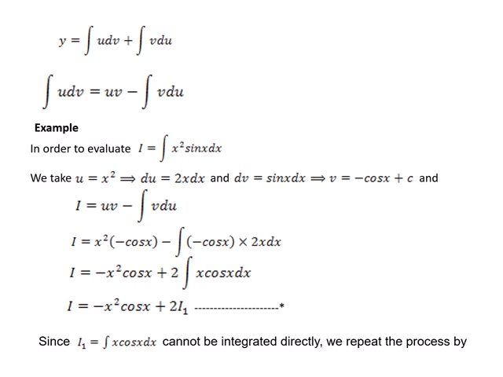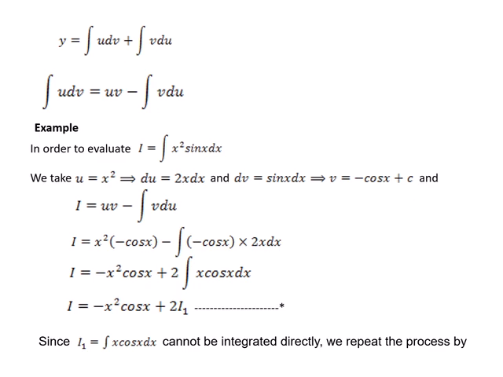So we have gotten our u as s squared, our du as 2s ds, our dv as sin s ds, and our v as minus cos s.